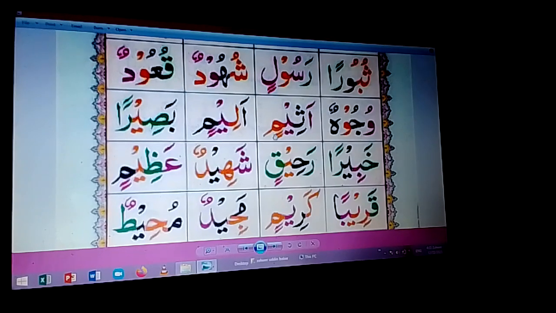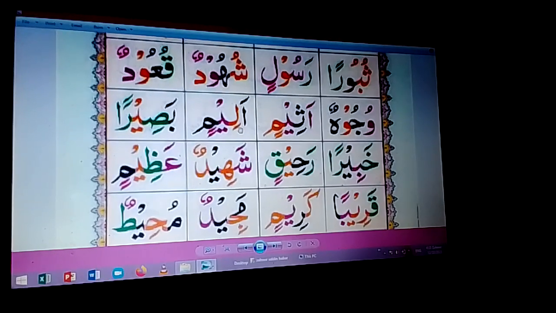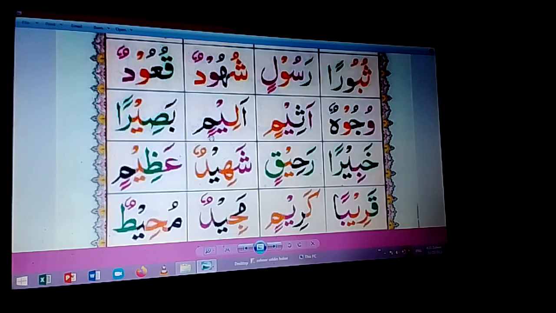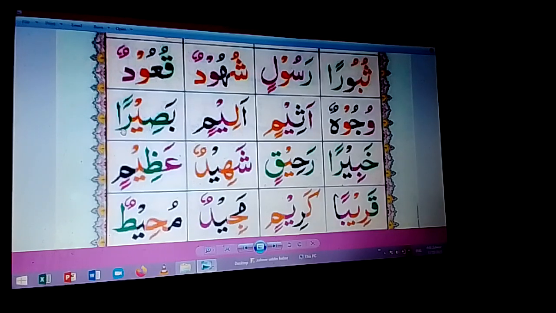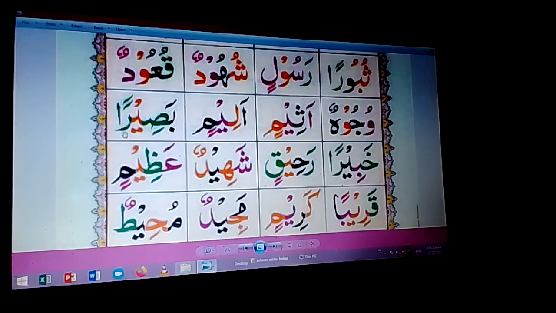Athimin. Next, same rule, alimin. Li is longer because of ya silent. Alimin. Next, baswiran. Swi is longer because of this ya. Baswiran.